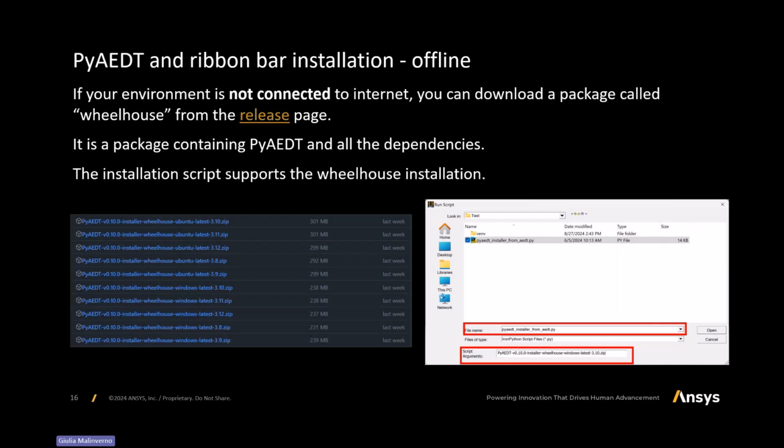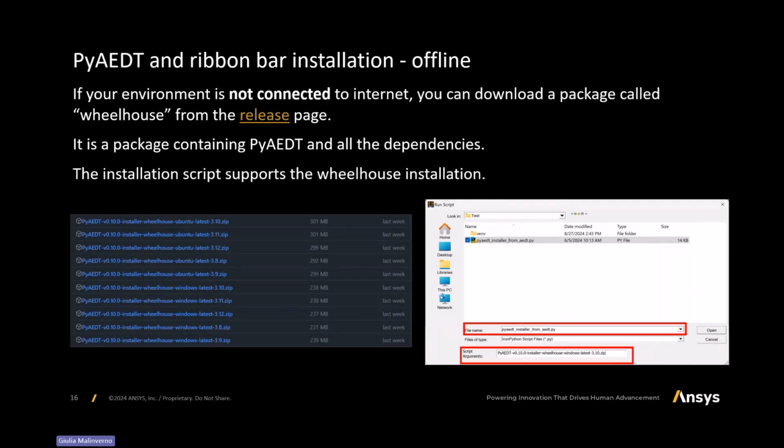The Python installer can be used to install PyAEDT offline by simply providing in the script arguments, as you see on the screenshot on the right, the wheelhouse name. And from the releases page in the PyAEDT GitHub page, you can download the wheelhouse depending on the operating system and the Python version.